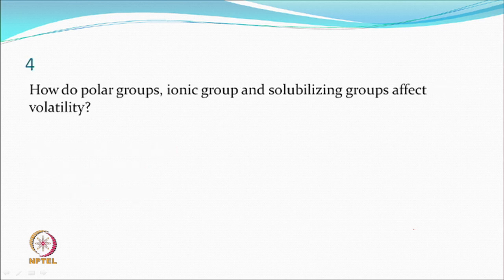So, it is the same question repeated again, but in a different way. The polar, ionic, solubilizing groups affect volatility. So, something which sublimes obviously means that the intermolecular forces are weak, and the polar groups, ionic groups and solubilizing groups, which means they love water, they love such kind of things, and therefore, these groups will reduce the volatility.